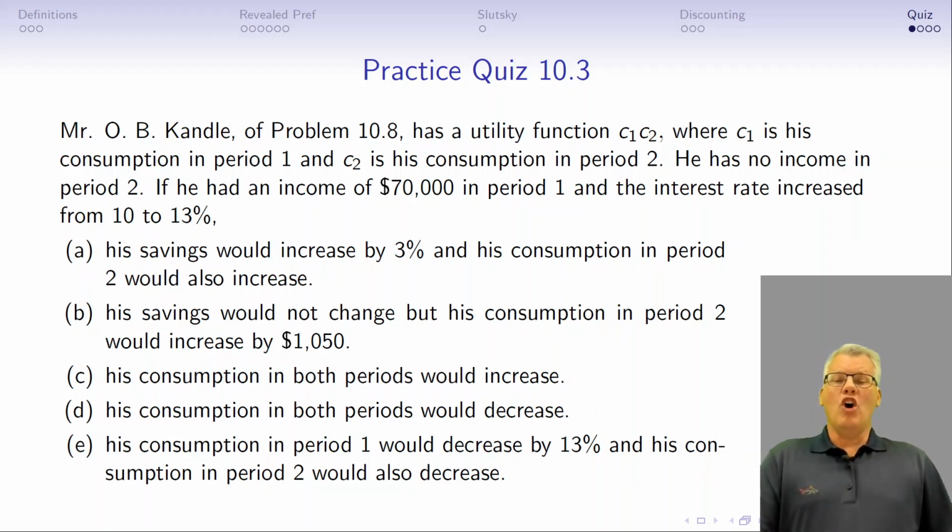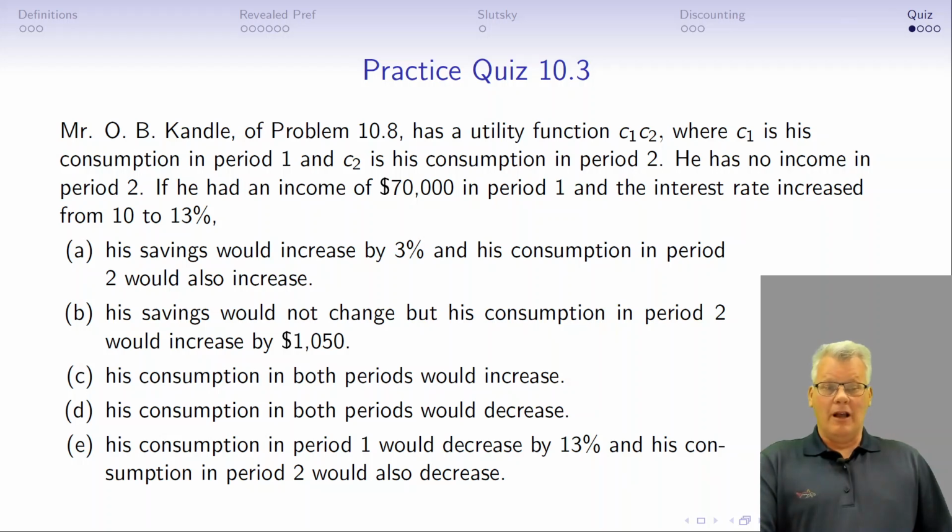Now, since OB is Cobb Douglas, we can apply the exponent rule to him and see instantly that he will spend 1/2 of his income on period 1 consumption, 1/2 of his income on period 2 consumption.